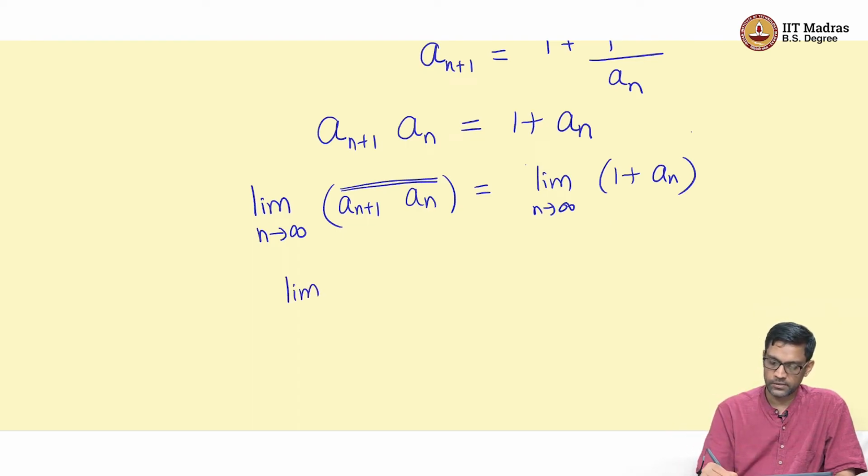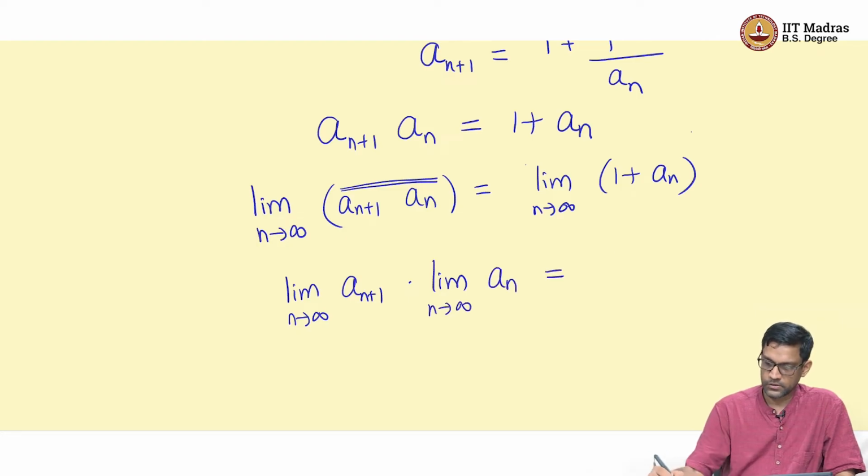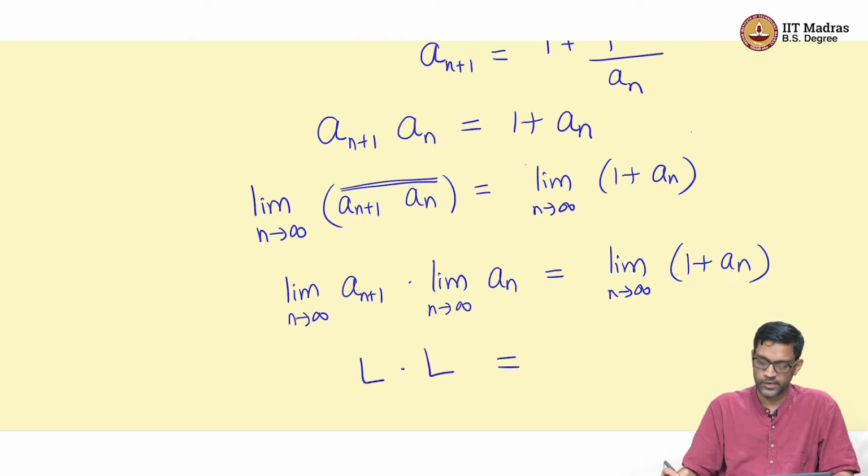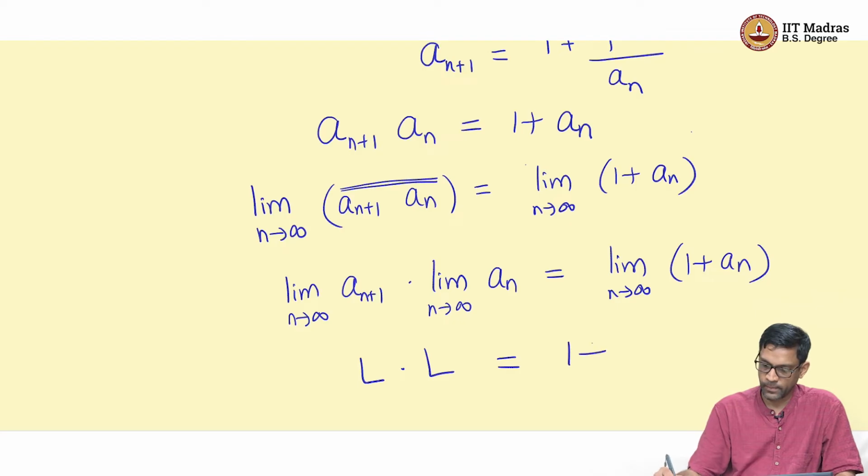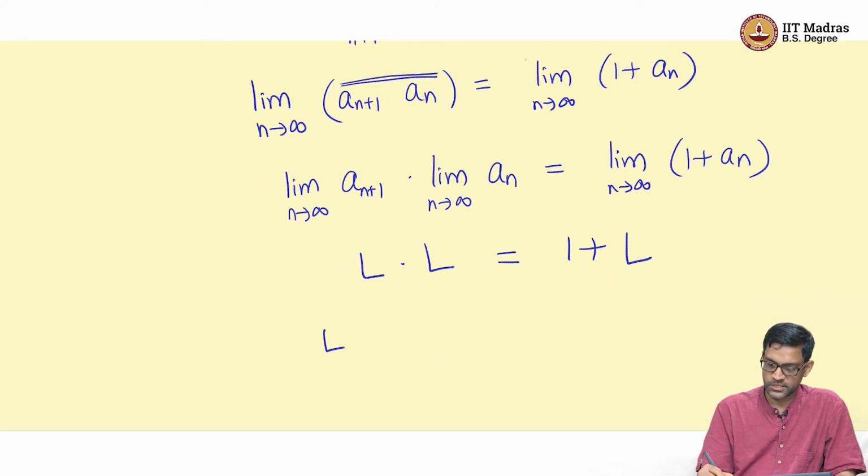So this is the limit of a_(n+1) times the limit of a_n, and on the right hand side it is 1 plus the limit of a_n. Now we are ready to substitute. The limit we assumed was the number L, and on the right hand side it is 1 plus L. So this gives us an equation for L.